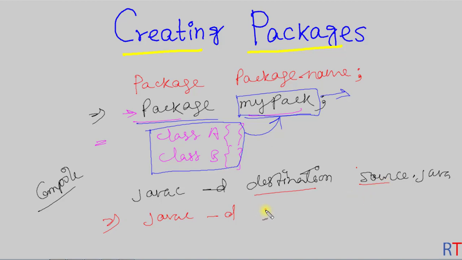So this can be dot, and the dot will represent the current folder directory, and then the name of the source file, this can be test.java. So in this line of statement, the source file test.java will be compiled, and the compiled class file will be stored inside one package called mypack within the current folder directory.